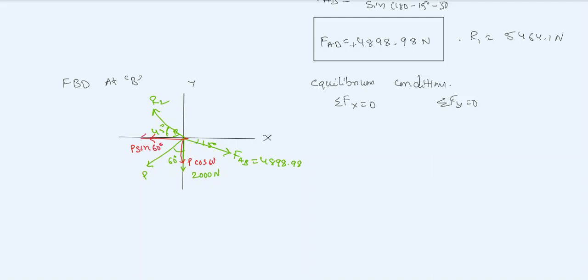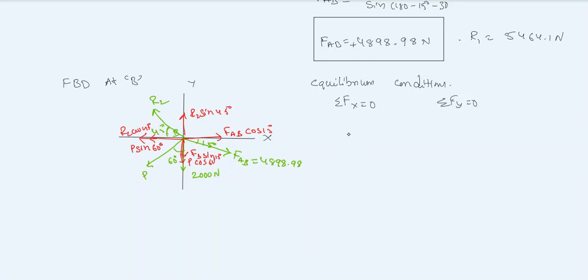Similarly, R2 can be resolved into R2 cos 45 and R2 sin 45. Similarly, FAB into FAB sin 15 and FAB cos 15. So you can resolve the forces according to the requirement.